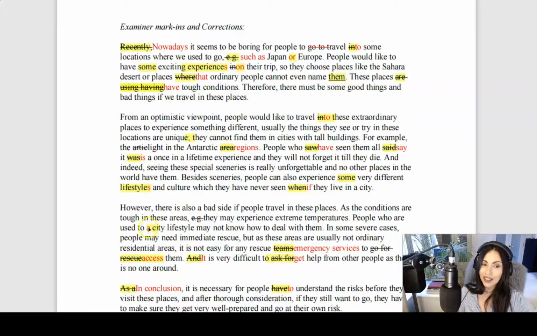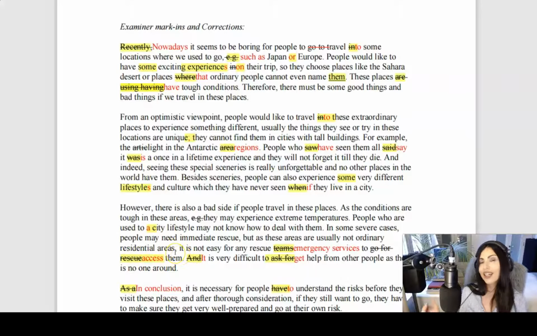A city, here the candidate left out the indefinite article. We don't say rescue teams, but rather in English we say emergency services to refer to the people who come to rescue you. And access, the verb here, you access a place. You don't rescue a place. You rescue people, but you don't rescue a place.